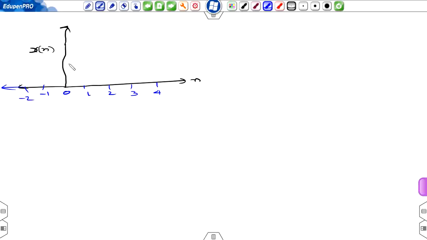So at 0 the value is 5. Let's say this is 5.